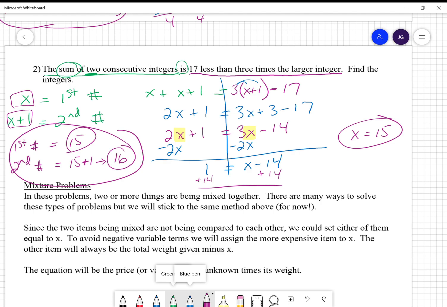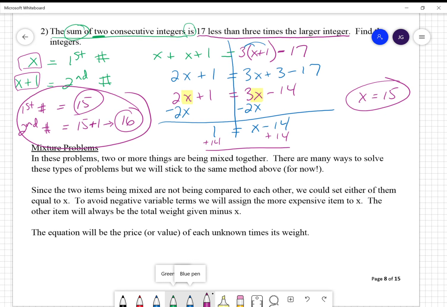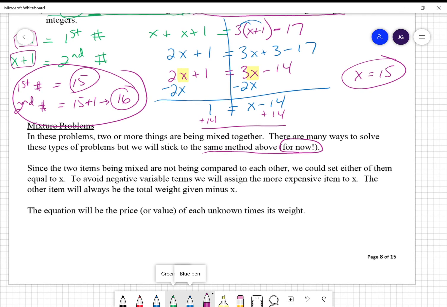Okay, other types of problems that fit this method, mixture problems. So we're going to use this same method for now. Two items are being mixed, not compared. So we can set either of them equal to x. To avoid negative variable terms, we're going to assign the more expensive item to x.